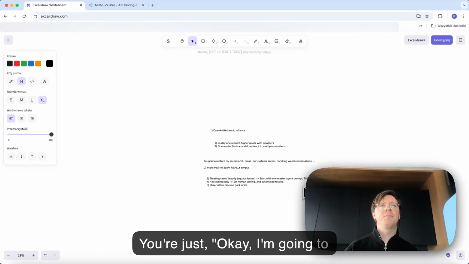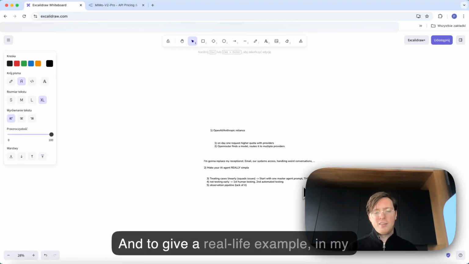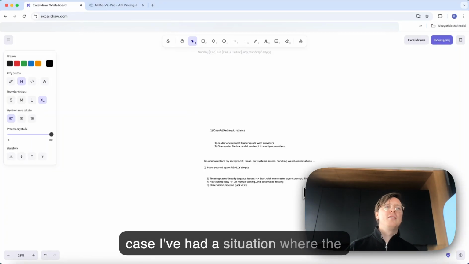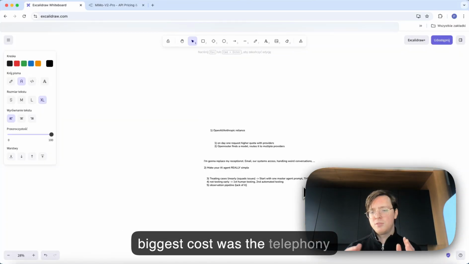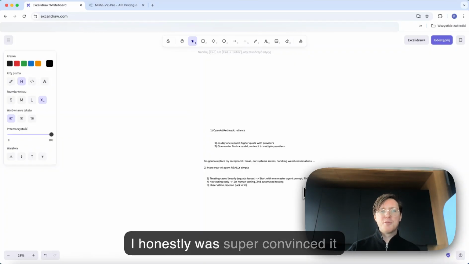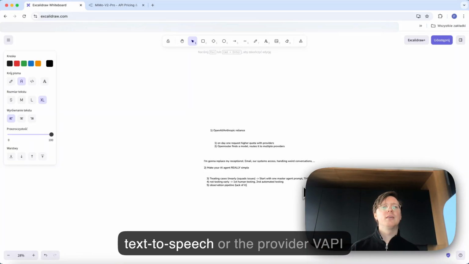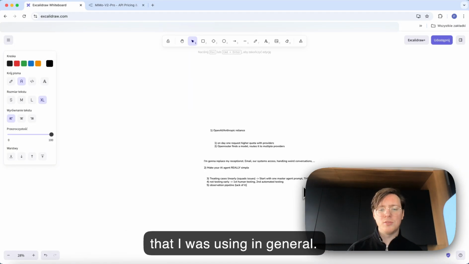You're just like, okay, I'm gonna change this, and you have no idea whether it's gonna work. To give a real life example, in my case, I had a situation where the biggest cost was the telephony provider, and I would never guess it. I honestly was super convinced it would be either the LLM provider or the text-to-speech or the provider VAPI that I was using in general.